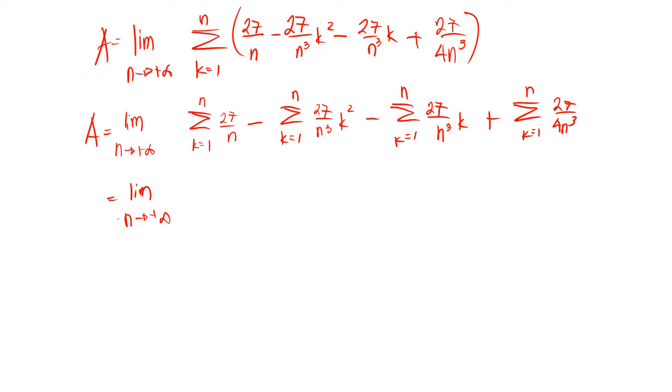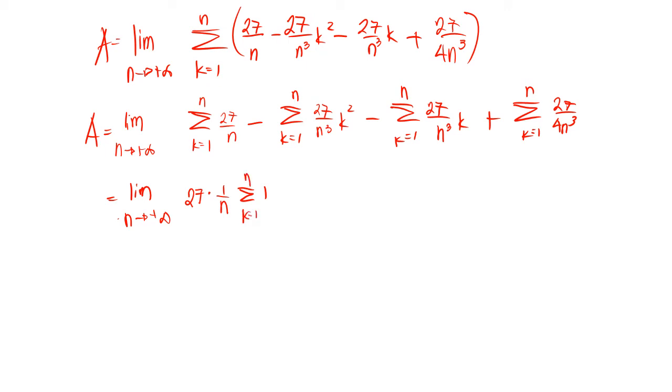Dito, dapat pala nilabas ko na yung 27, no? Kasi para silang may 27. Pero okay lang yan. So, 27, pwede natin siyang ilabas ng 1 all over n. Actually, pati si 1 all over n, pwede mo siyang ilabas. 1 na lang natira sa labas. Nilabas ko na si 27 all over n. So, k equals 1 to n.